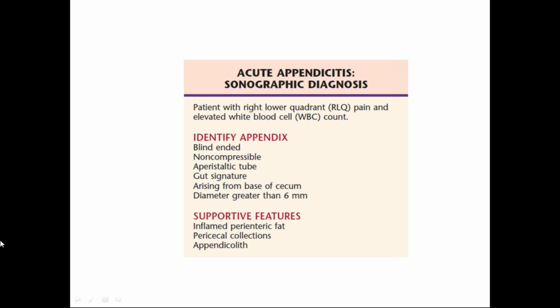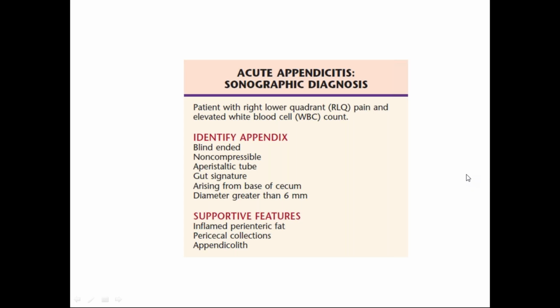It should show the normal gut signature, that is all the layers of the bowel. We can also trace it back and visualize it arising from the base of the cecum, and it should not be more than 6 millimeters in a normal appendix.